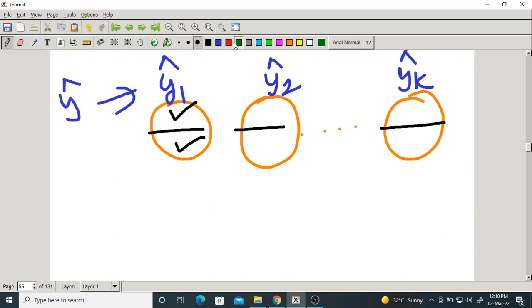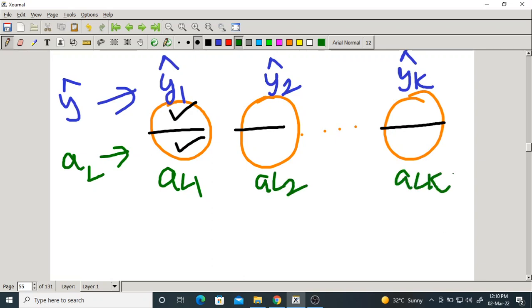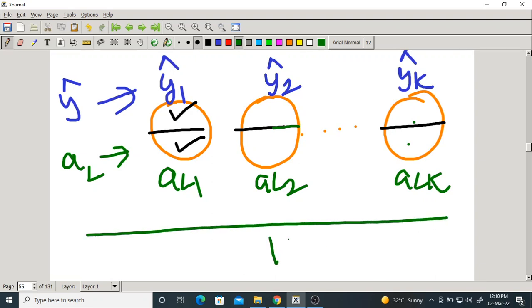Now here, the pre-activations are combinedly called aL, with individual elements aL1, aL2, and so on up to aLk. This is nothing but the output layer. Please remember, in the output layer we have k neurons.